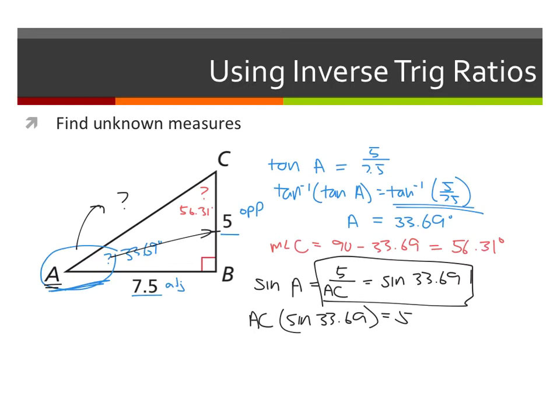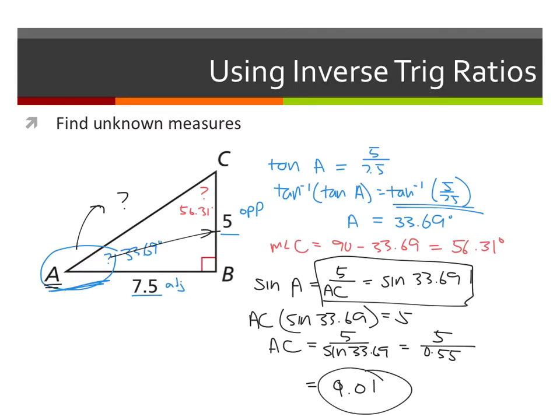And if we divide both sides by sine of 33.69, we have AC actually, which turns out to be 5 over 0.55, and that turns out to be 9.01, and that is the length of AC, the hypotenuse.